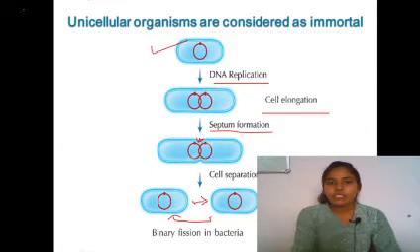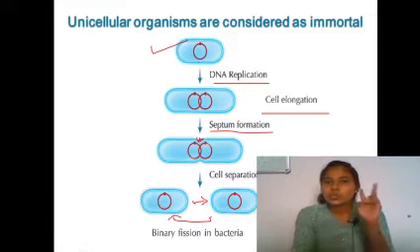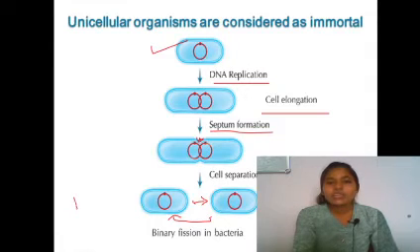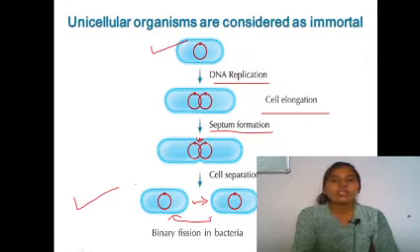So why are we considering unicellular organisms as immortal? Because a single cell is converted into 2 new unicellular cells. The old one is continuing its life. Again, it has formed a new cell. Actually, in a favorable condition, the unicellular organism will not die because of aging and all, but it will continue its life just by making cell division. We know cell division itself is life in unicellular organisms.